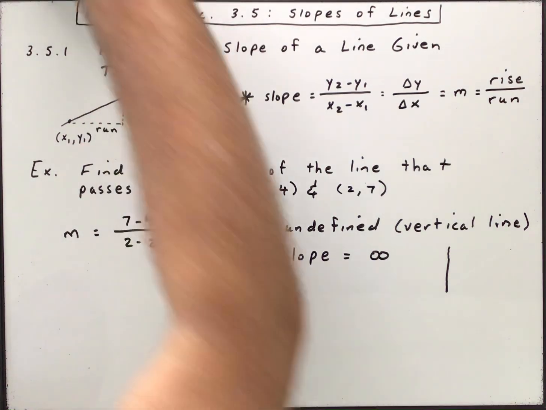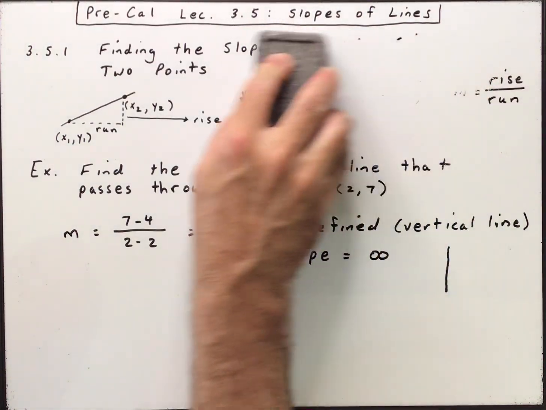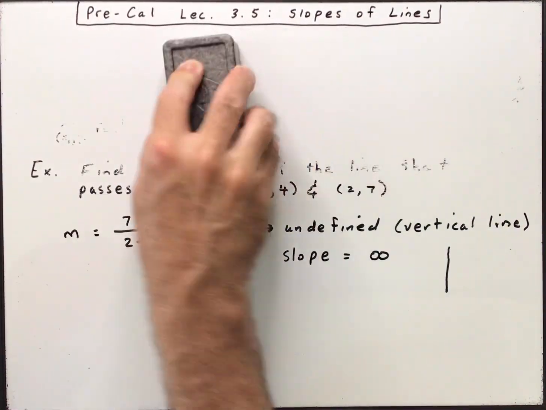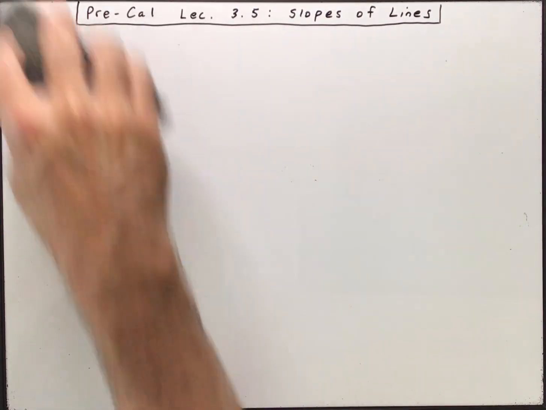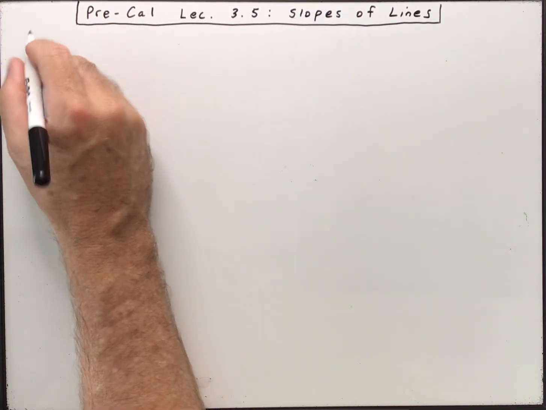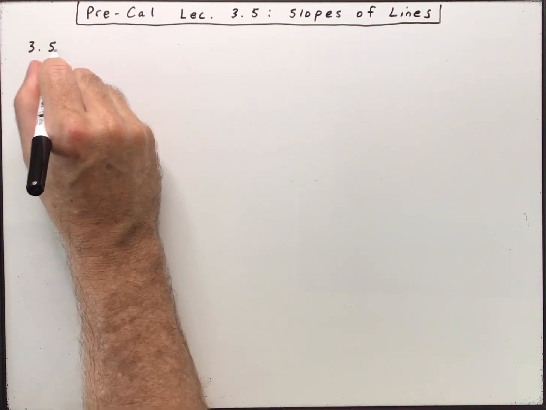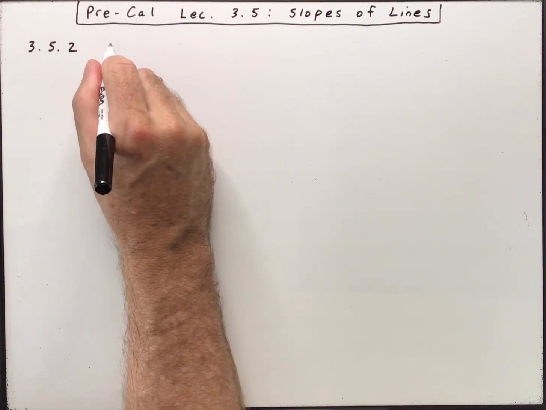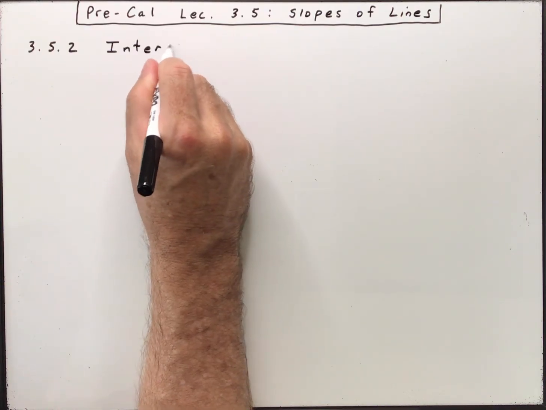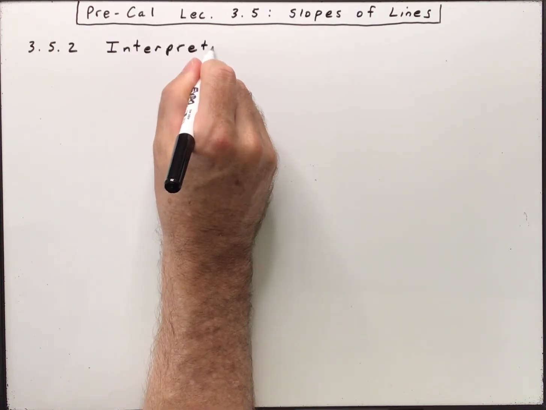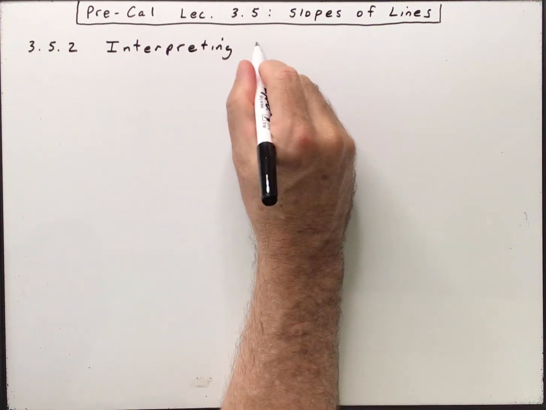Okay, so let's go ahead and move on to our next subsection. That's going to be 3.5.2, which is interpreting slope from a graph.